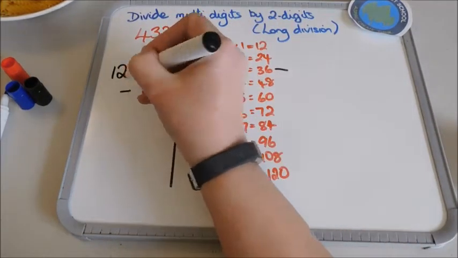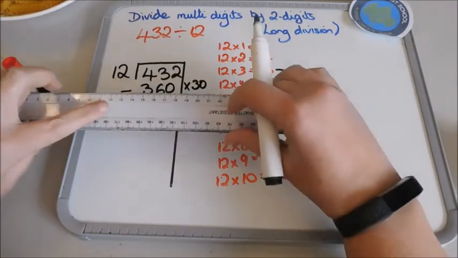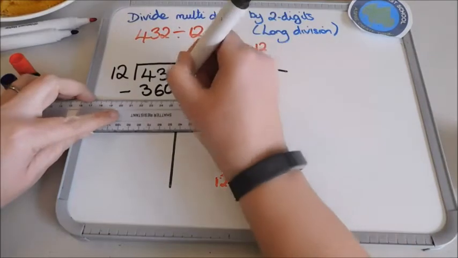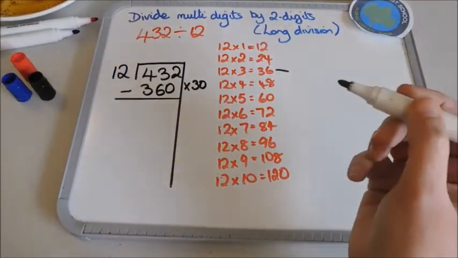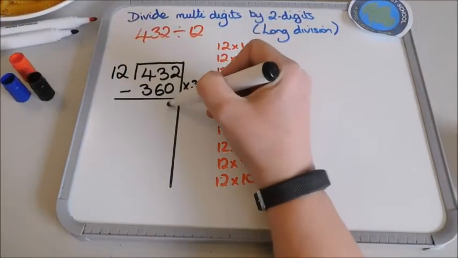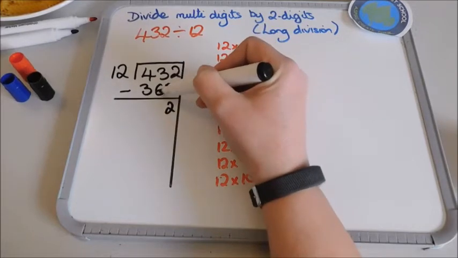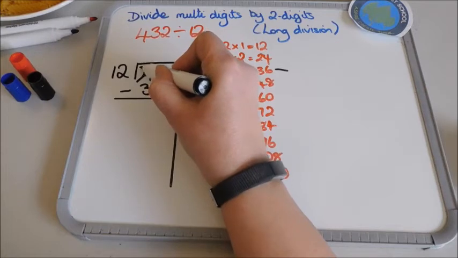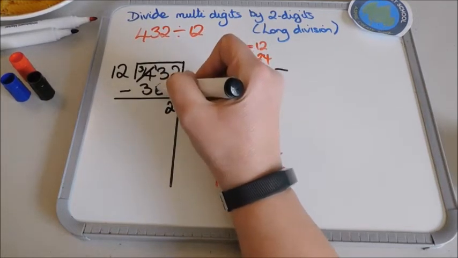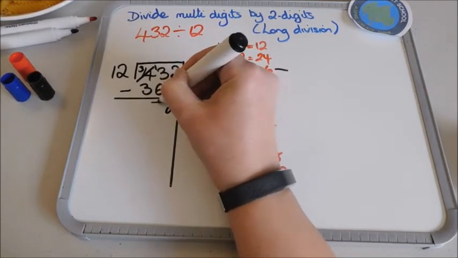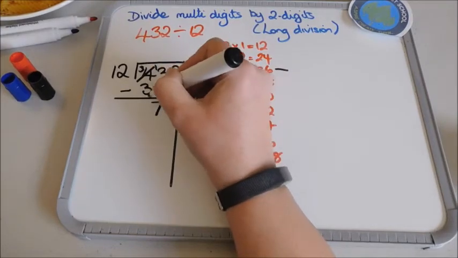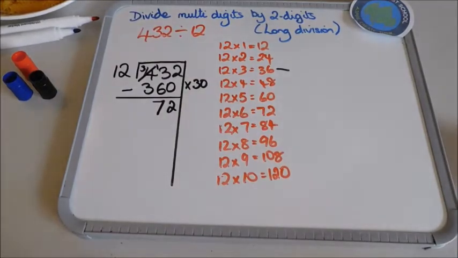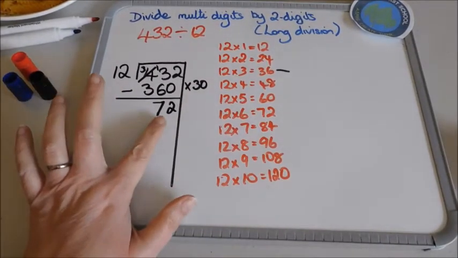So I'm going to deduct that from the 432. 2 take away nothing is 2. 3 take away 6, I need to exchange. 13 take away 6 will become 7. And then 3 take away 3 is nothing. You can put a 0 there as a placeholder if you want to, but you don't need to. Now I'm left with 72.